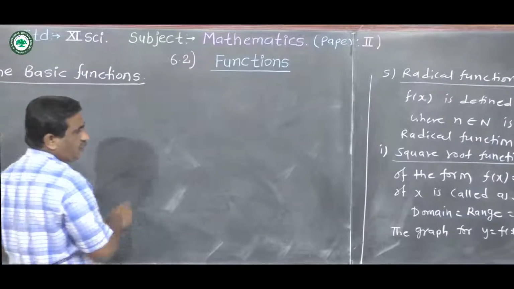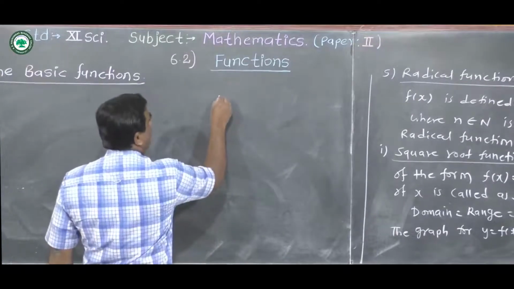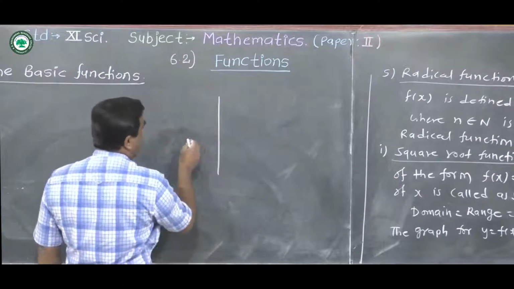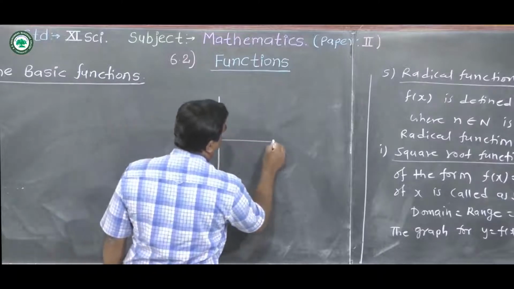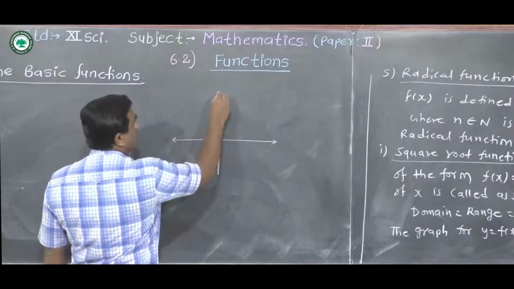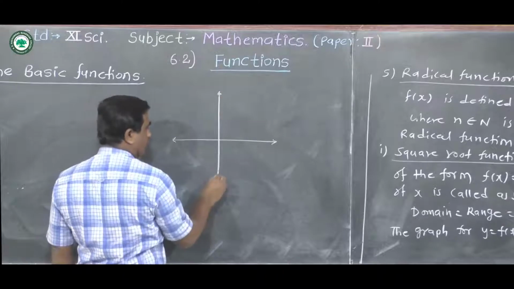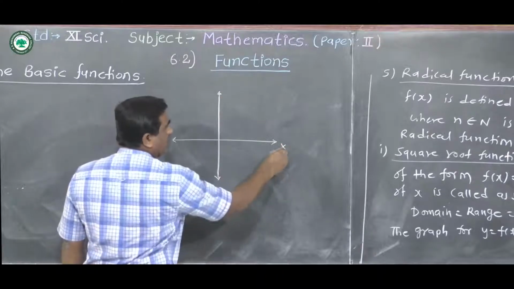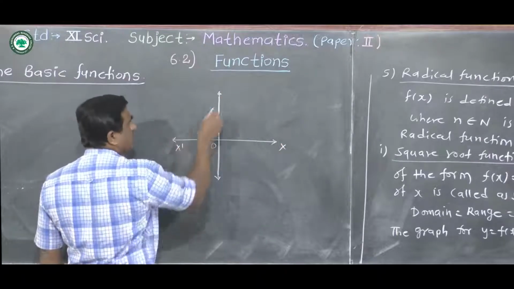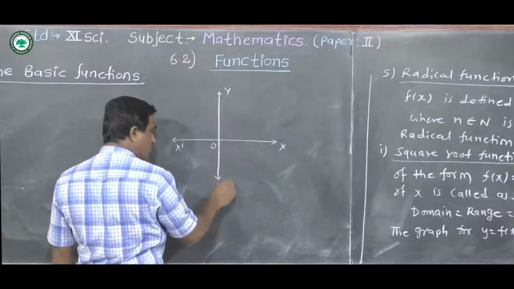Now here we can draw the coordinate system again. X'OX is the x axis, Y'OY is the y axis.